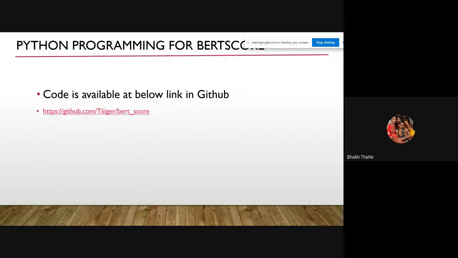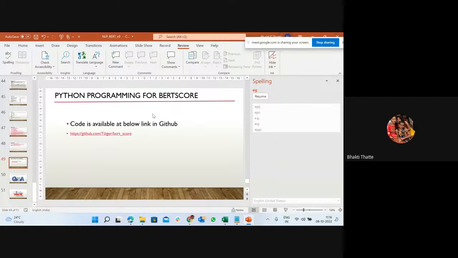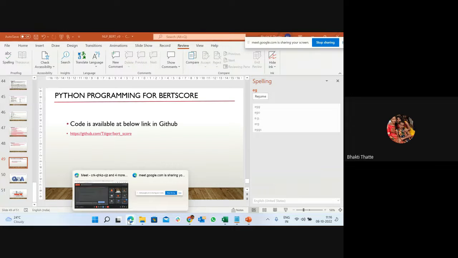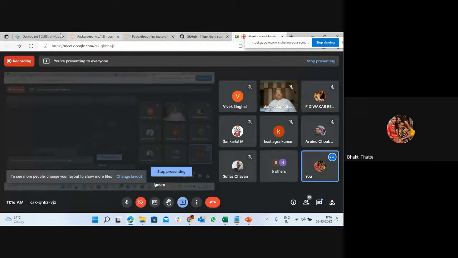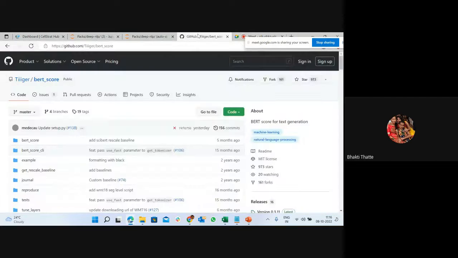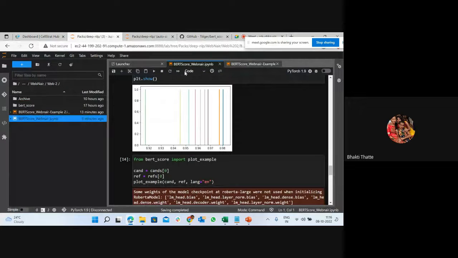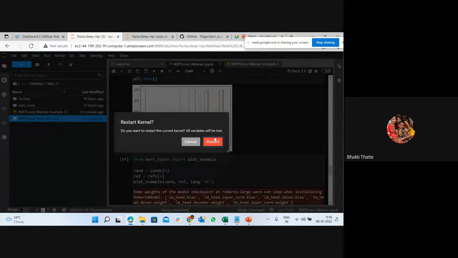So the code is available on GitHub at this URL. I'll just take you through the code and program. So this is the GitHub where the code lies. So let me start. Let me see if it is working.